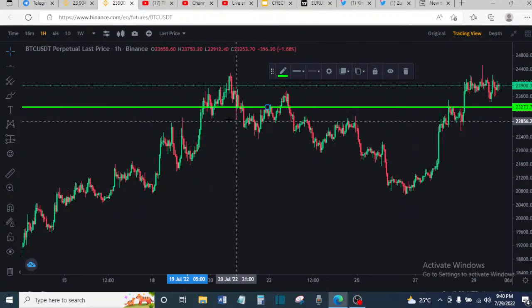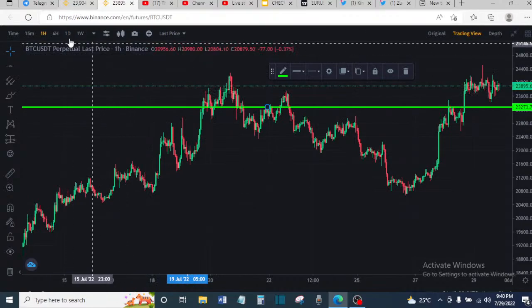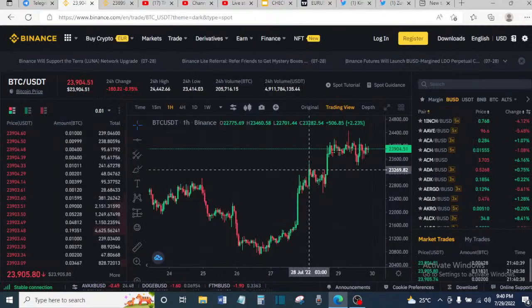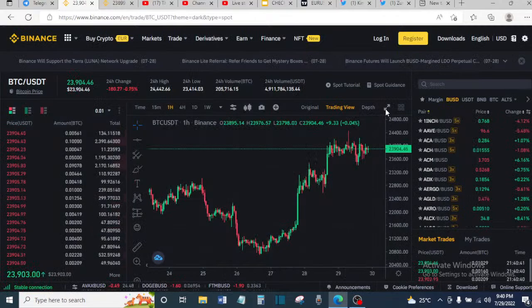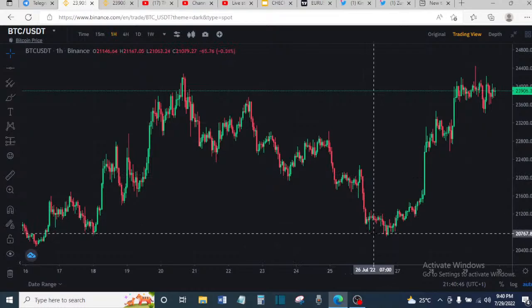I was trying to compare two charts. It is still the same Bitcoin chart, but this is a futures chart and this is a spot chart. Sometimes I discover that the charts are different.